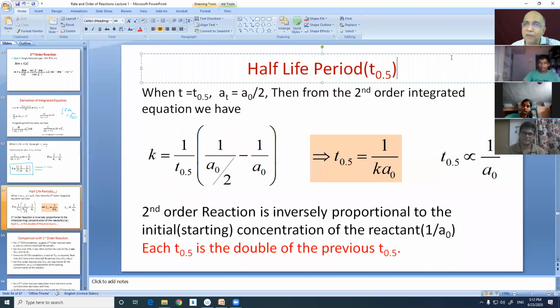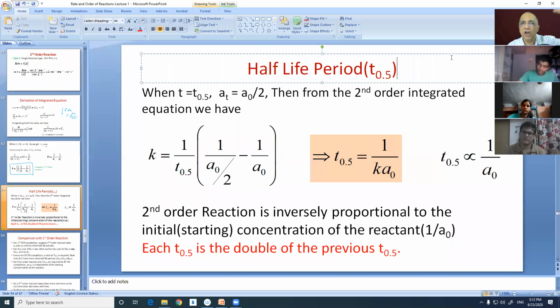But continuously the half-life period is changing, as the reactant concentration is decreasing with time. Continuously half-life periods are increasing with time. So if a half-life period is given in some problem, it is the initial half-life period, but that half-life period will not remain the same for the next 50% conversion.